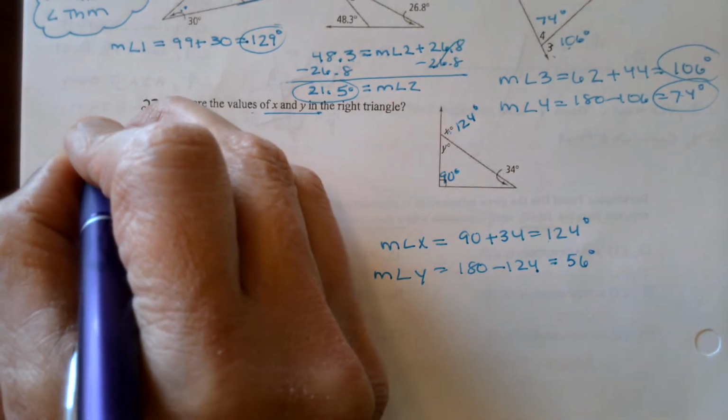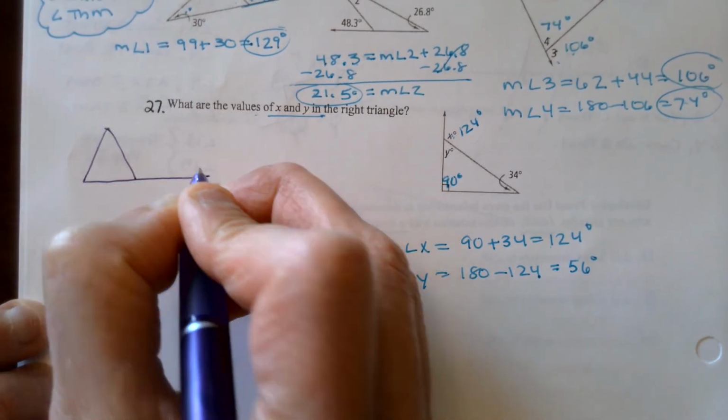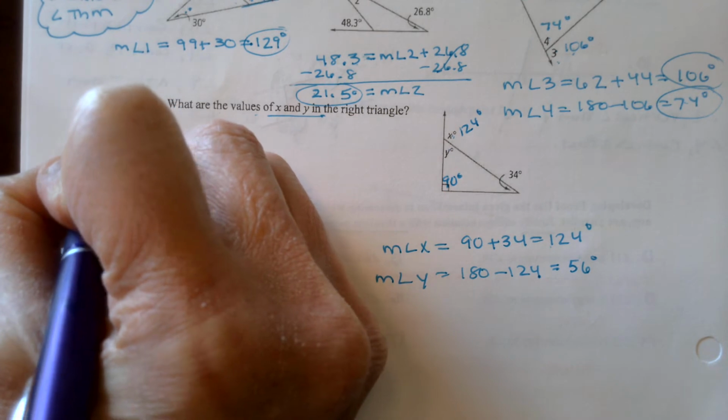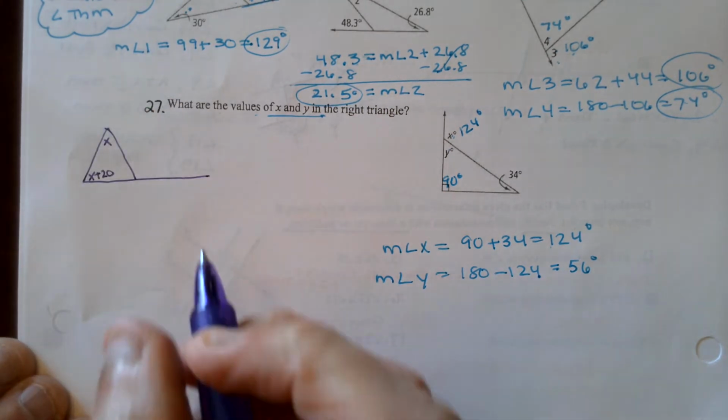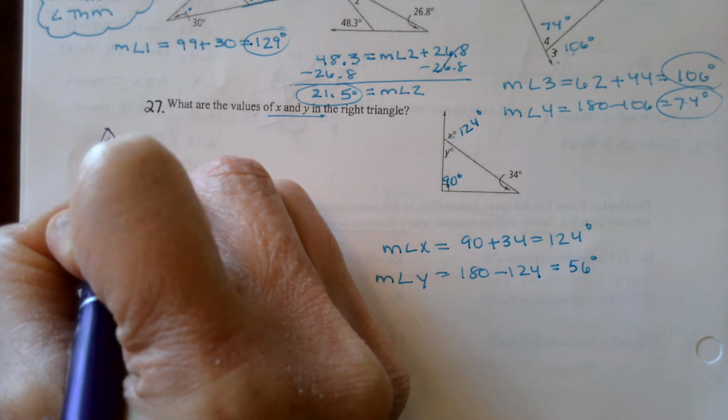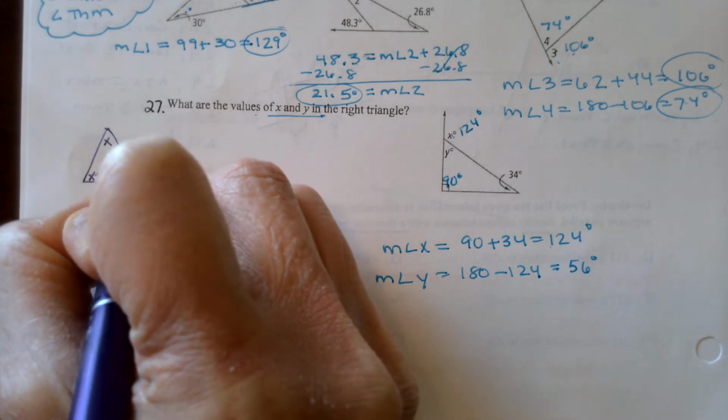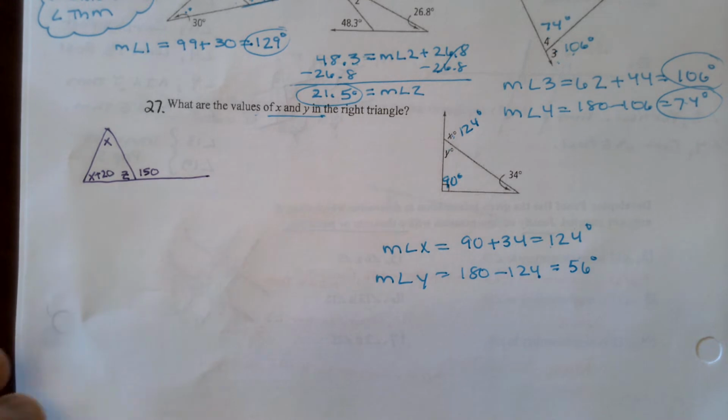So copy this: x plus 20, z, and 150. Can you figure out what x and z are? Pause it, do the problem, and then turn it back on.